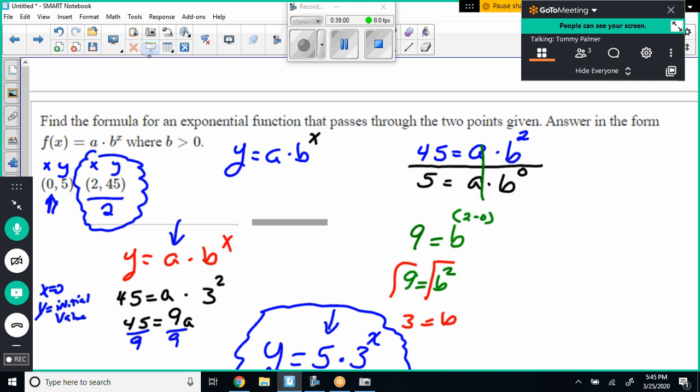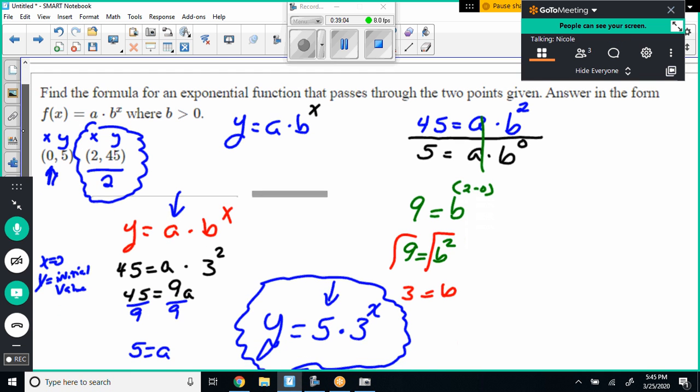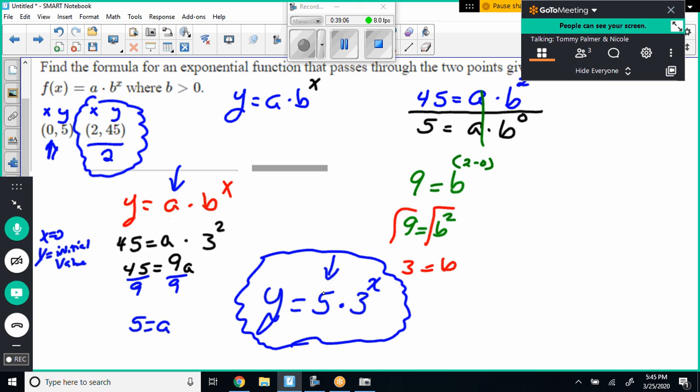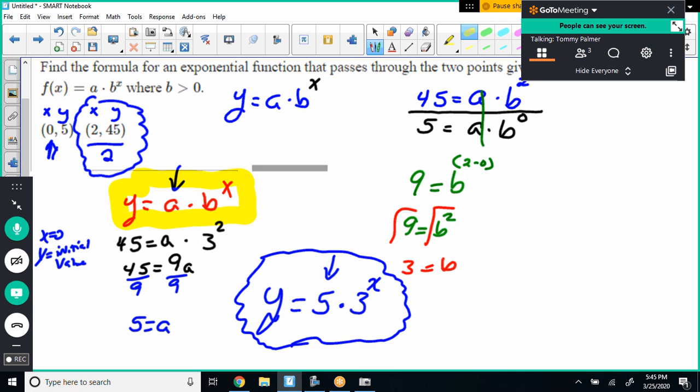So that part is pretty standard. Now, here's the a. We have to find the a. I use y equals a times b raised to the x. We're trying to find a, so I just grabbed the second point.